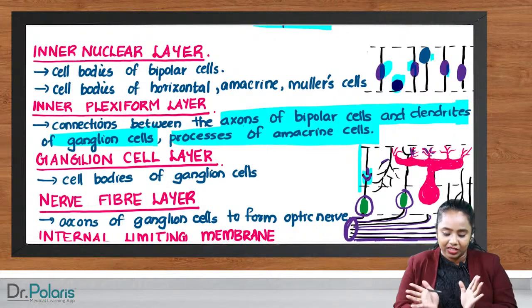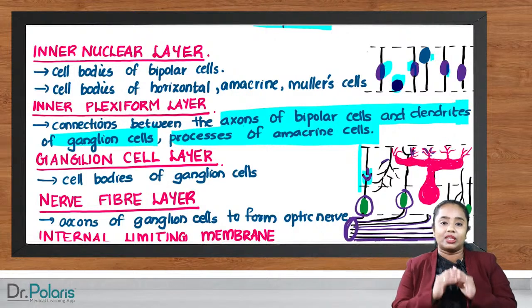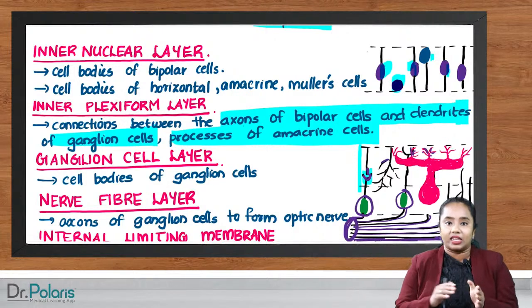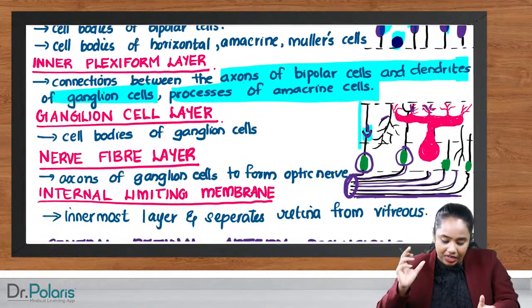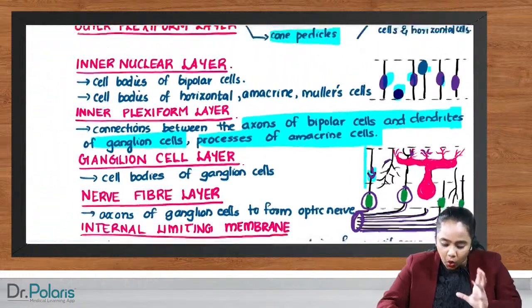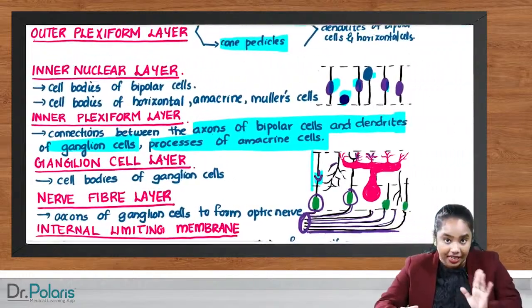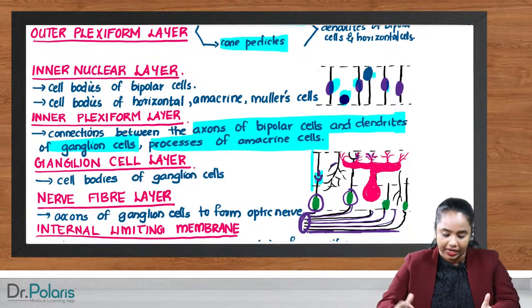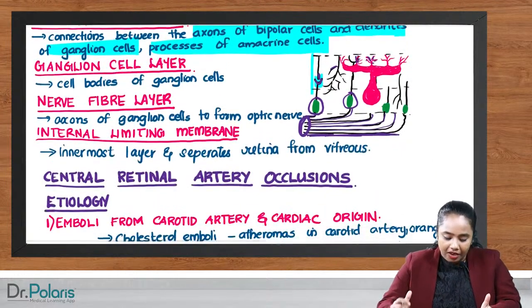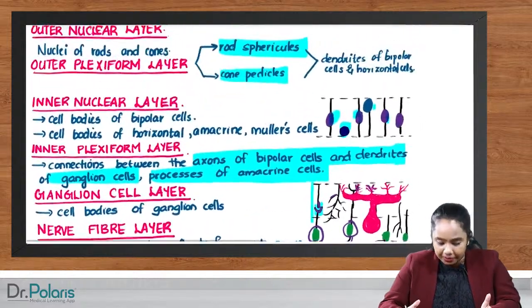Now, to seal everything intact, there is an internal limiting membrane, to separate the retina from the vitreous. I hope you got an idea about the 10 different layers. At least the names you should be able to recollect. So, after the 10 layers, the anatomy is over.